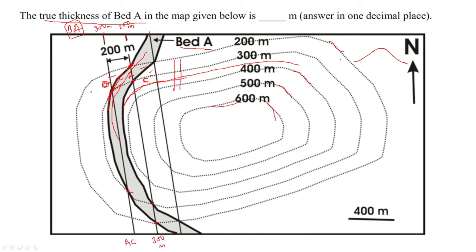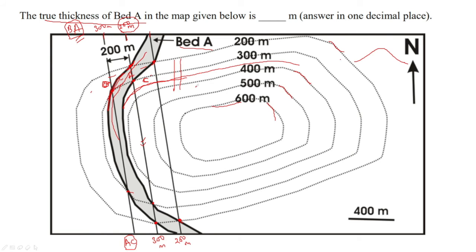And here you see the 200 meter elevation contour, and at this point also the bedding plane is cutting a 200 meter elevation contour, and joining these 2 points we get 200 meter stratum contour for A and C contact. So you can see the same line. This same line is acting as a 300 meter elevation stratum contour for this A and C contact, and 200 meter stratum contour for B and A contact.